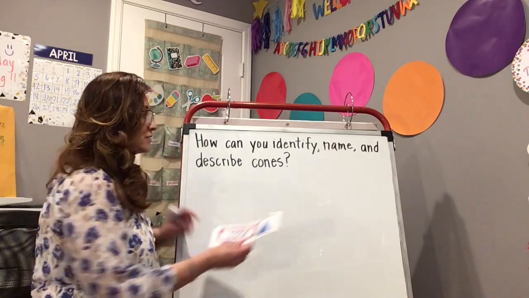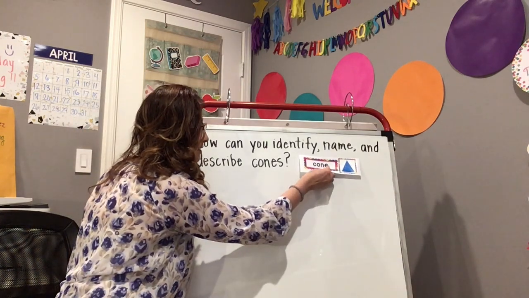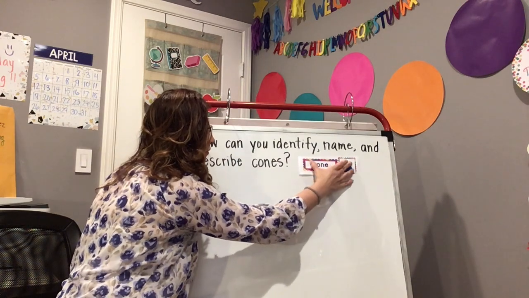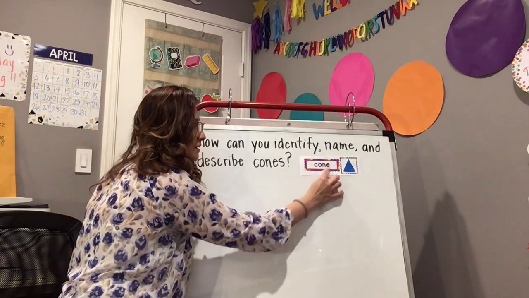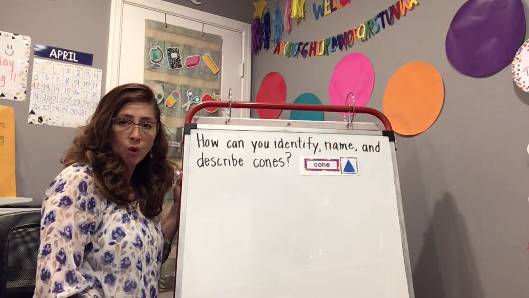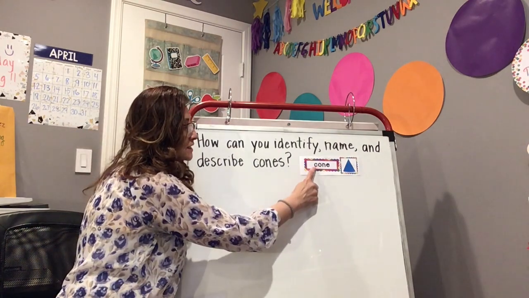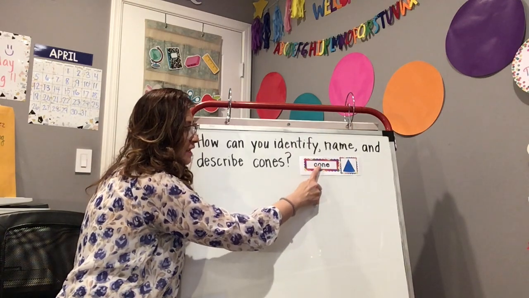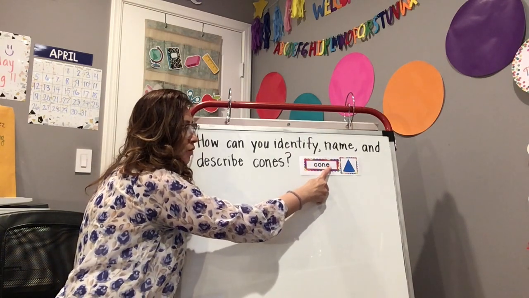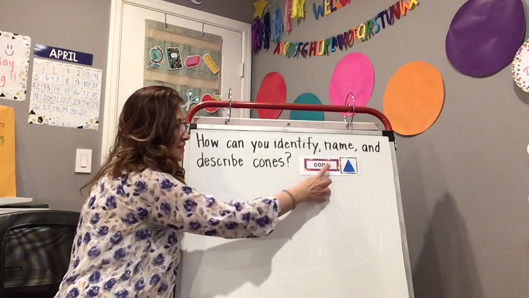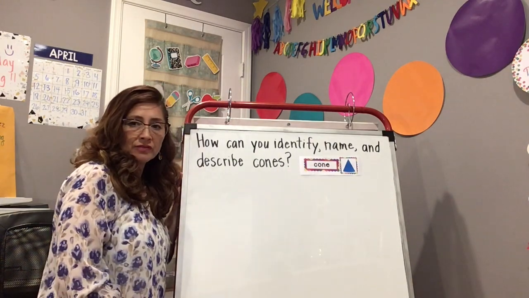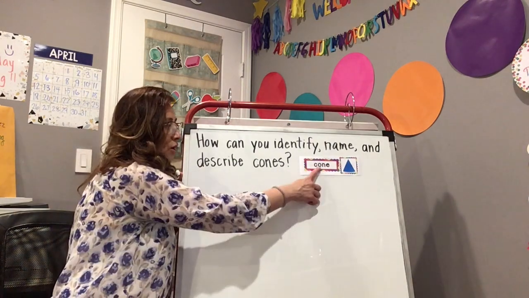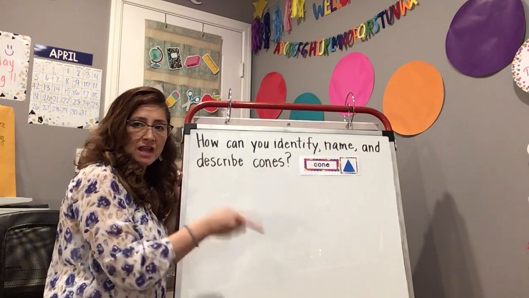So I'm going to put the word here for cone, and I want you to take a good close look at the word cone. You see in the word cone, it is spelled C-O-N-E. When you see the E at the end of cone, you know that that E tells O, say your own name.